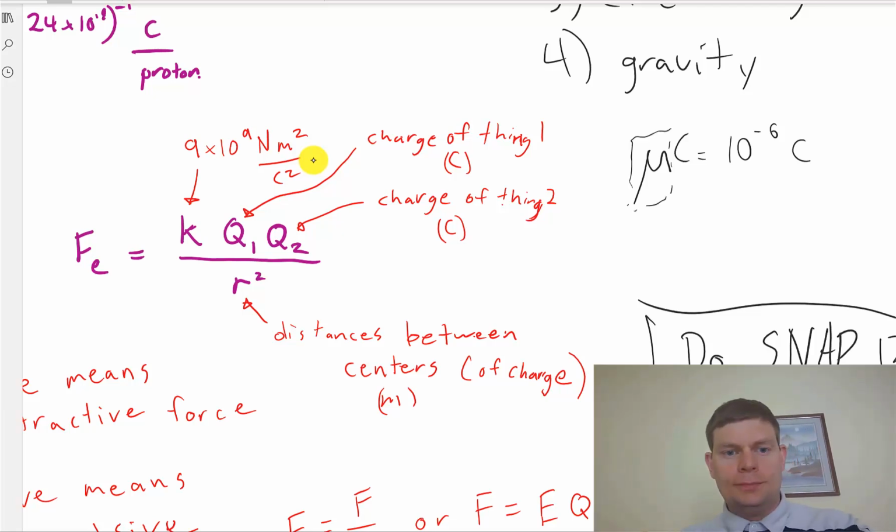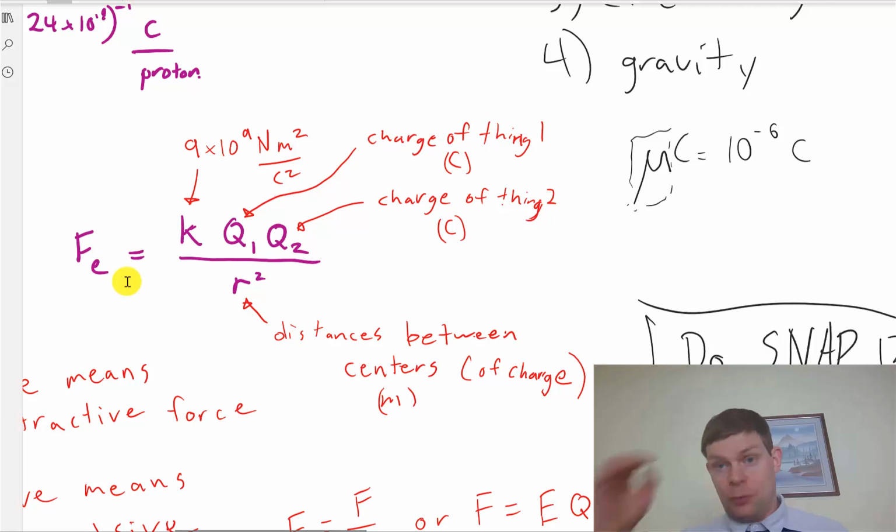All right, so multiply charge of object 1 times charge of object 2 divided by the distance between their centers of charge, which is usually just their centers, in meters. So make sure you're using the correct units, coulombs. If there's a micro, throw in a 10 to the minus 6 and have the distance between their centers, and you've got your constant here.